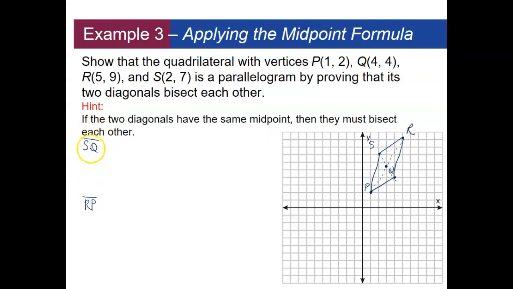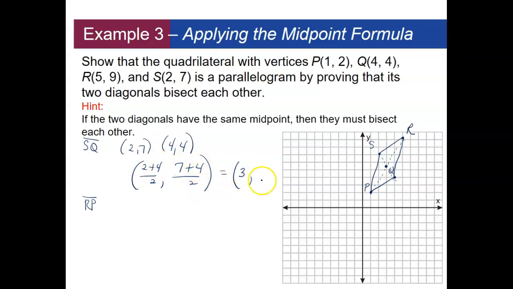Okay, so S's coordinates were 2, 7, and Q's was 4, 4. So the midpoint of that would be add the x's, divide by 2, and add the y's, and divide by 2. So we get the point, this will be 6 over 2, which is 3. This will be 11 over 2.